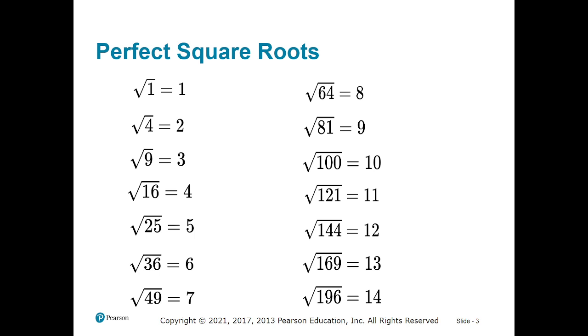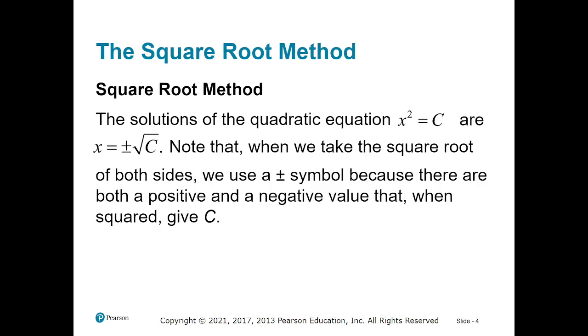Well, we know that 2 squared gives us 4, right? So 4 is a perfect square. And we're saying that, well, 2 is the square root of 4, right? Which means that 2 has to be a perfect square root. And so here is the list of the first 14 perfect square roots. And we will kind of try to work with these a little bit later. So keep these on the back burner of your mind.